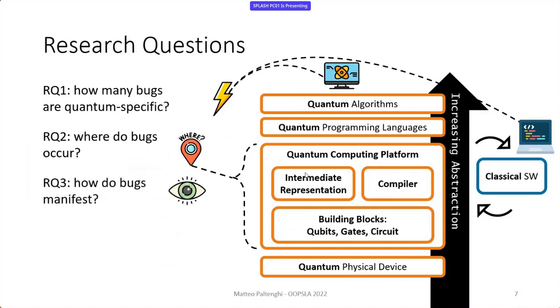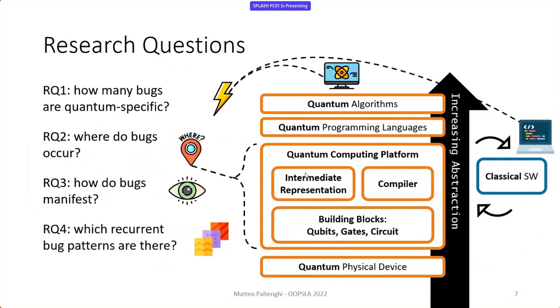Third, we want to investigate how these bugs manifest in these platforms. Fourth, once we have this overview of the key characteristics of the bugs, we want to try to abstract and identify higher level patterns. So one question is, which recurrent patterns are there? And finally, we also want to give an overview of the complexity of the bug fixes. So how complex is it to fix one of them?